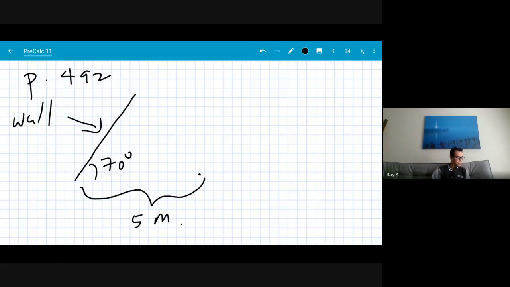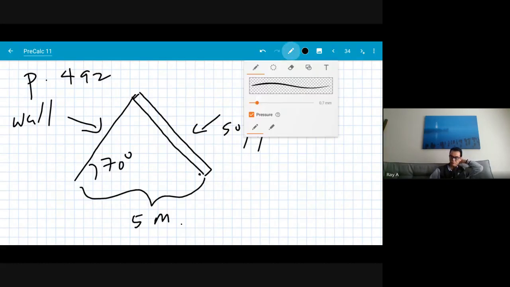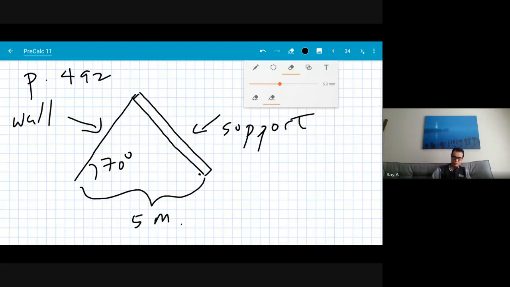Now, it will be attached to the wall 2.5 meters from the base. So this is the support like this. Now, I need to erase something here, so that we already know which one is the wall.